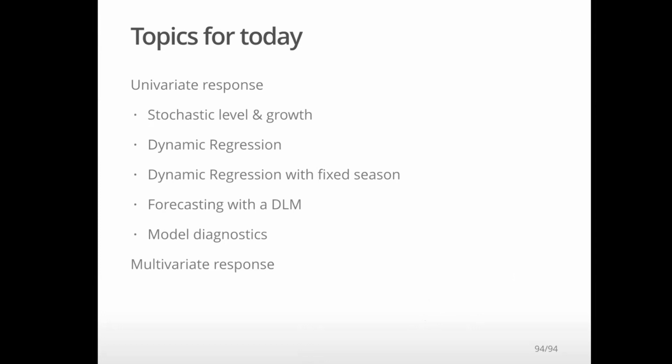We want to understand not just what's the effect of this covariate, but is the effect of this covariate changing over time? Or, for example, is the seasonality changing over time? Which we know is definitely happening as the climate's warming. And these types of models can get at that question.